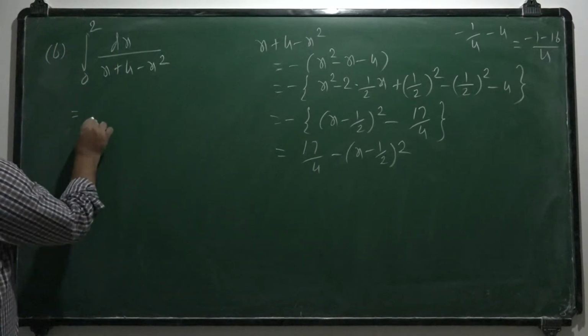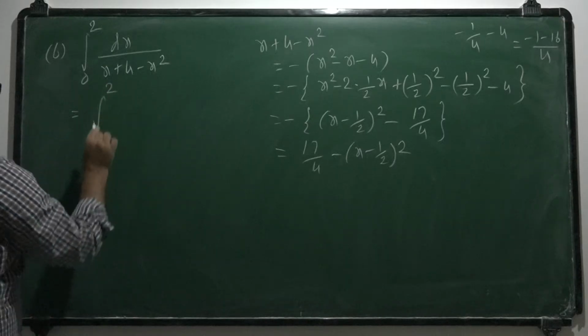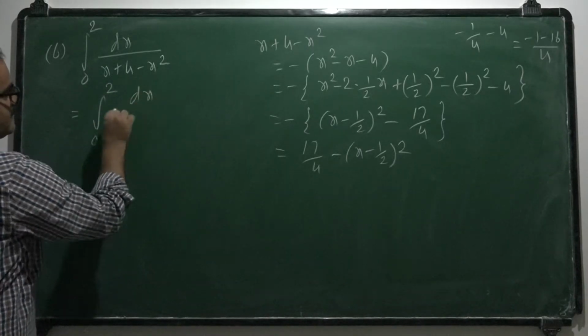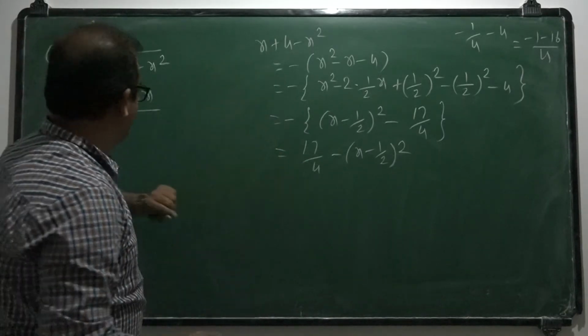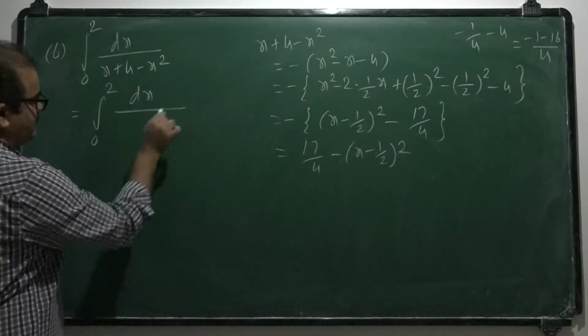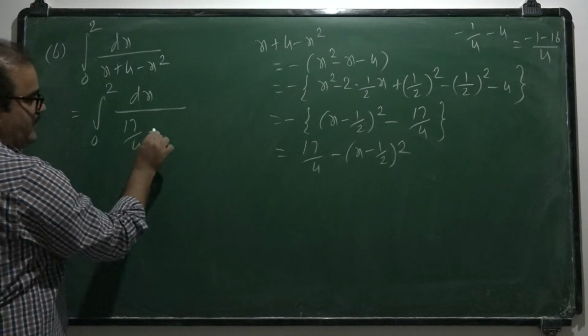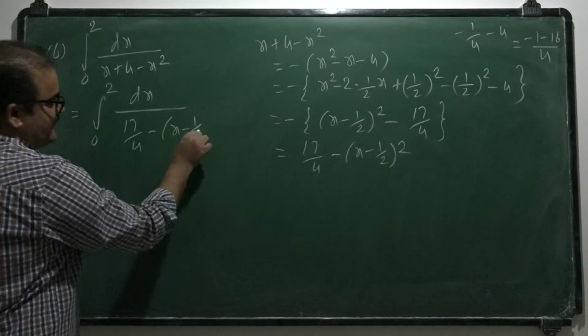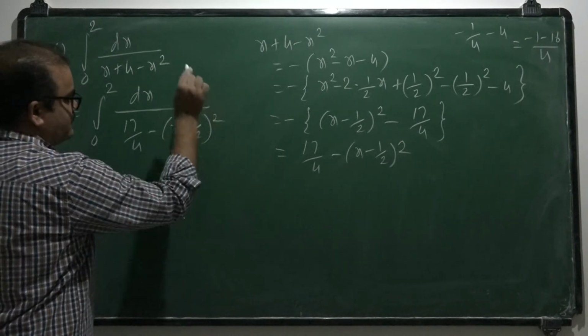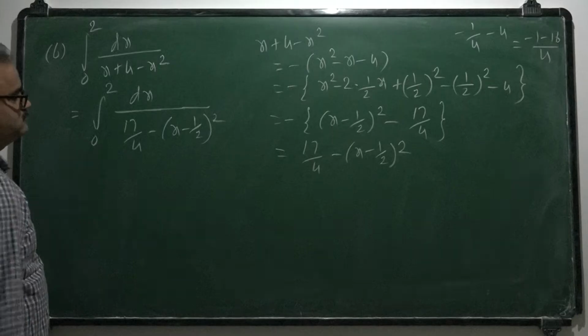Now it is integral 0 to 2 dx by, the denominator is 17 by 4 minus of x minus 1 by 2 whole square.